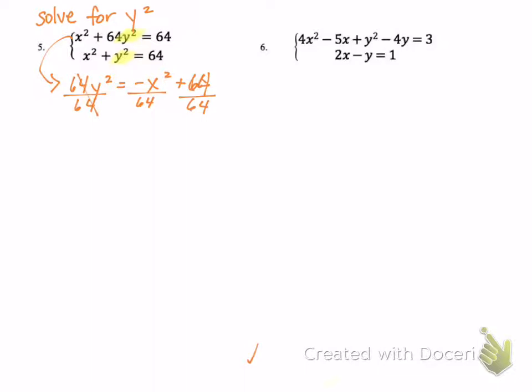So you end up getting y squared equals negative x squared over 64 plus 1, because that will cancel. And then the second equation, I just need to move the x squared over. So that becomes y squared equals negative x squared plus 64.